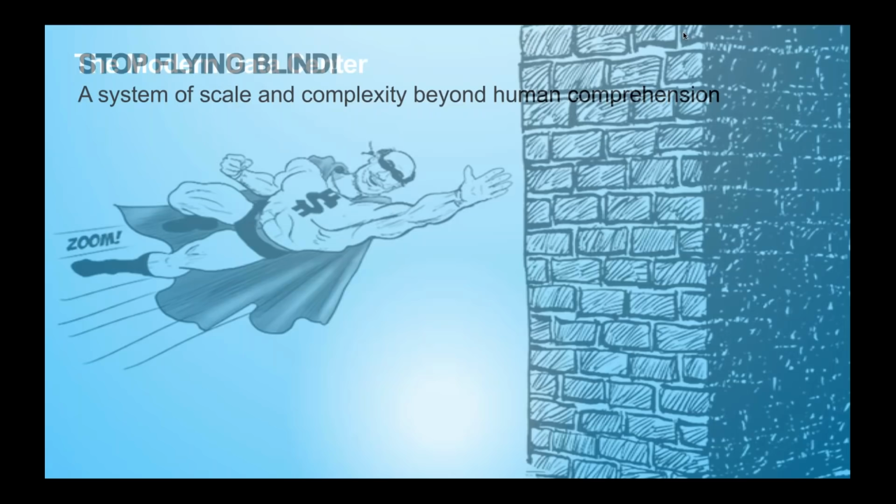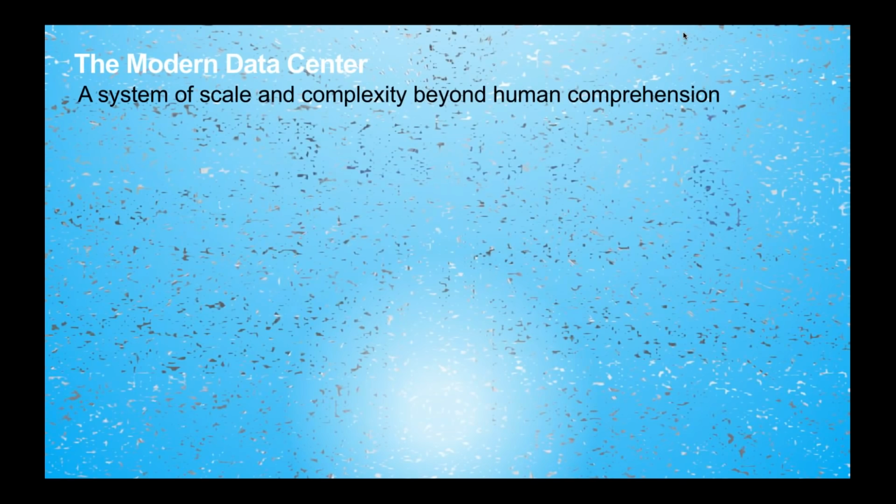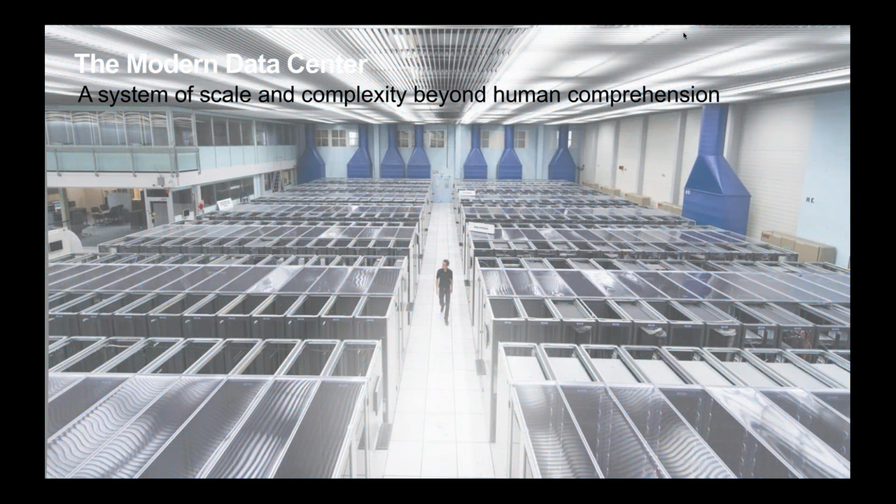The reality is, no matter how well prepared you are, unless you have the visibility you need, you will run into challenges. It's not a blue sky. The modern data center is a system of scale and complexity that frankly has reached a point beyond human comprehension without the assistance of advanced insights and platforms.